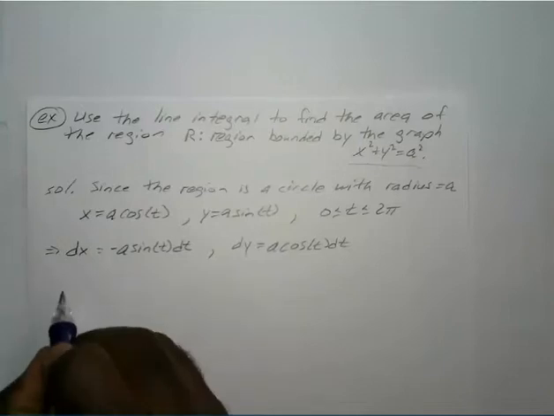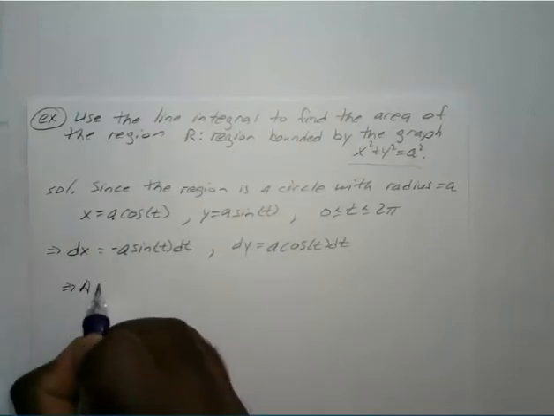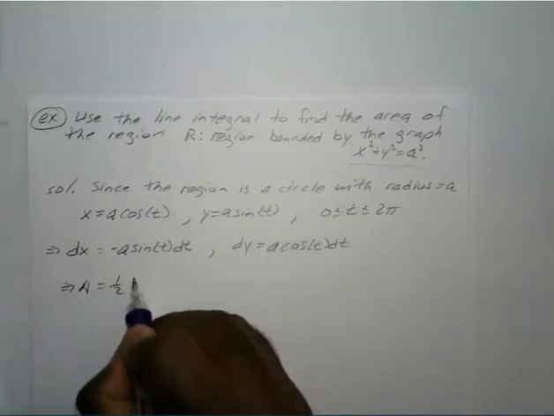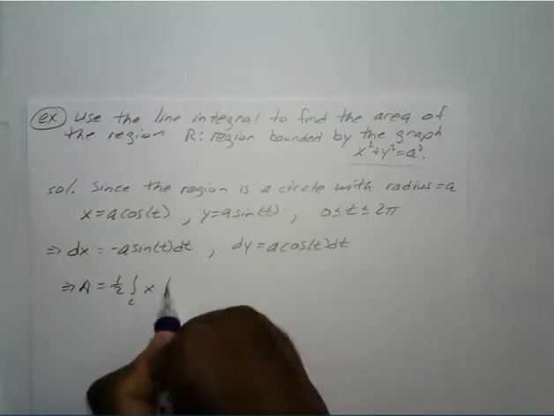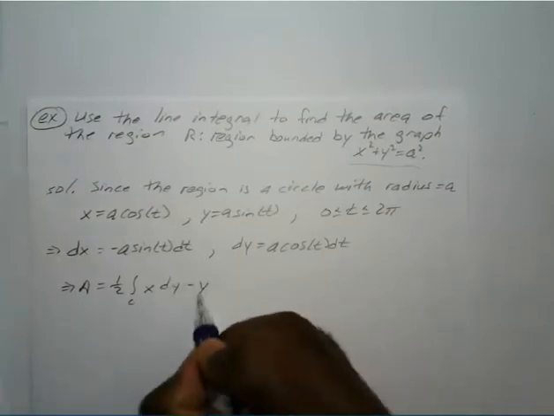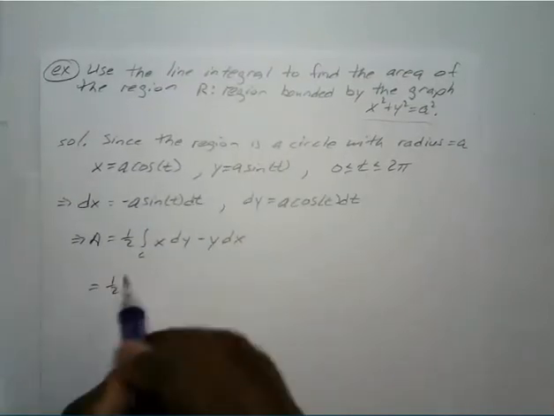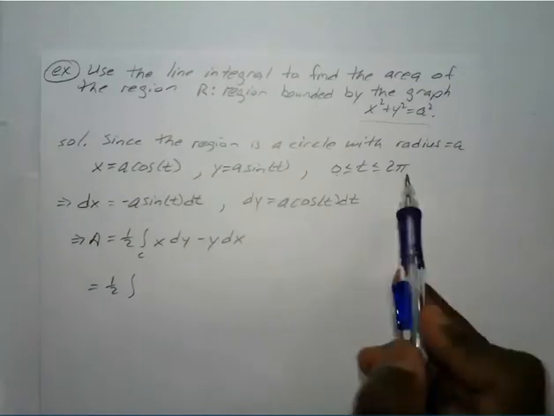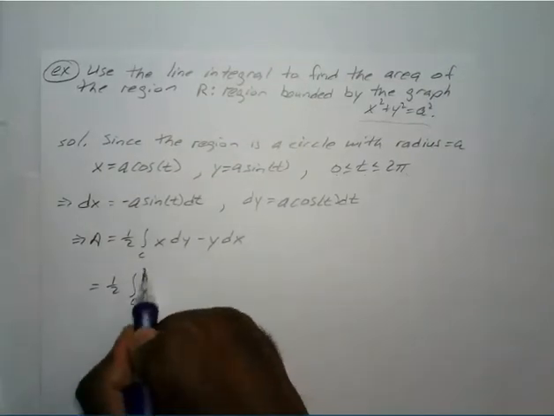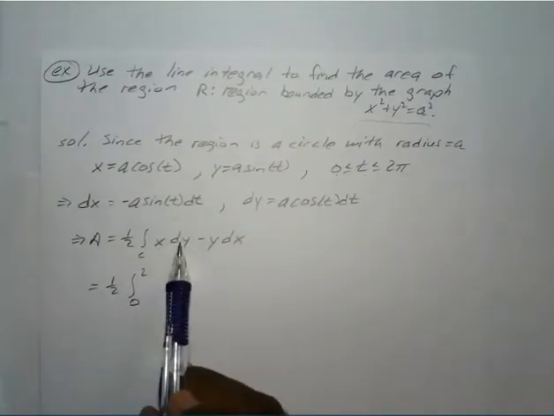Now we're going to look at our formula to find our area: x dy minus y dx. So that's going to equal 1/2, and remember, that's from 0 to 2 pi. We have x dy.